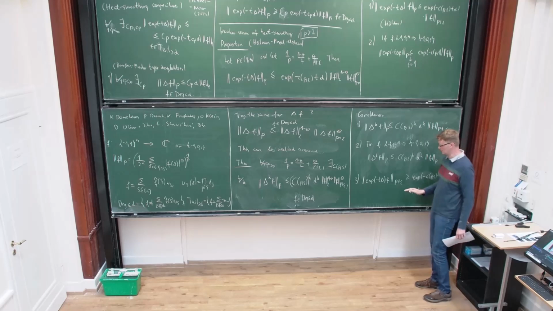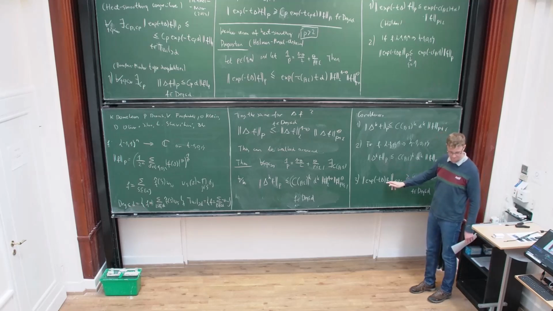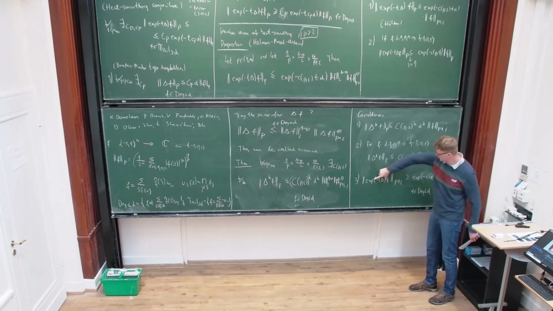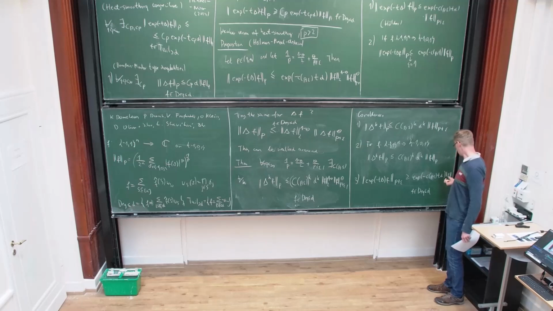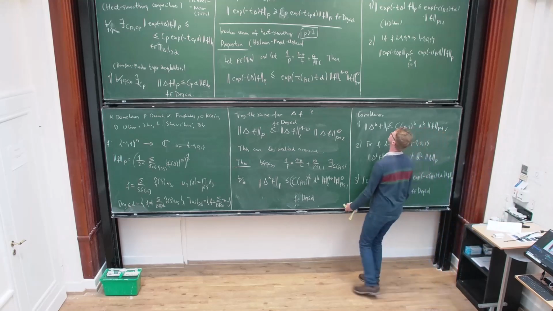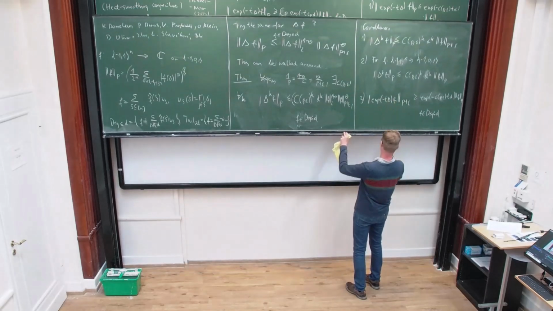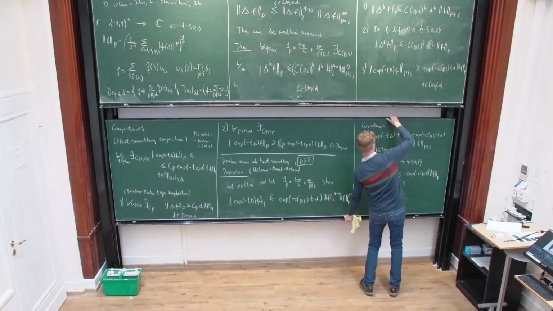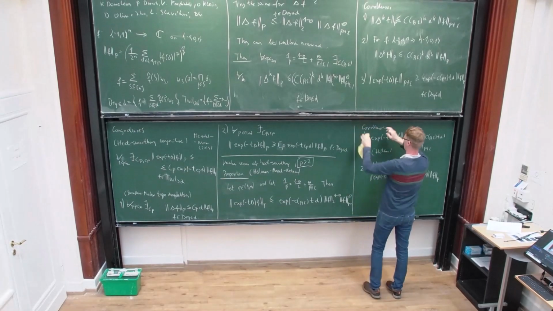So let me spend a second on explaining how this implies this one. It's pretty easy. What you do, you just replace f with the exponential function of the semigroup, and then this turns into the identity, but now on the left-hand side, you will have the semigroup exp of t delta, and you expand it into a Taylor series and use this. So let me write a line about it. So maybe I will write it here, just below the other one.